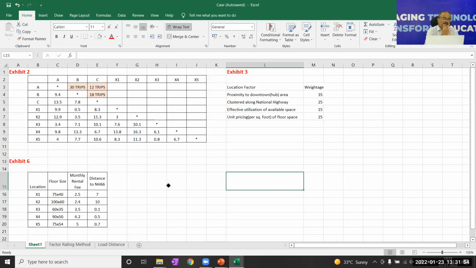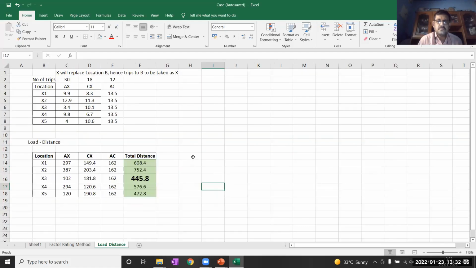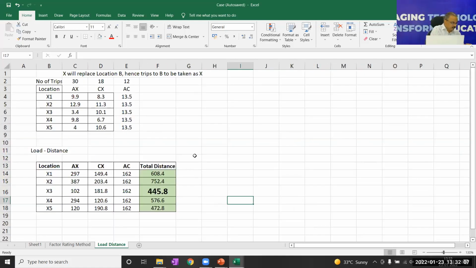Okay, so the load is in terms of the number of trips. How will you estimate the distance? So the distance is given in terms of kilometers from exhibit 2. Yes. So as far as the X1 location is concerned, what will be the distance? It will be 9.9.